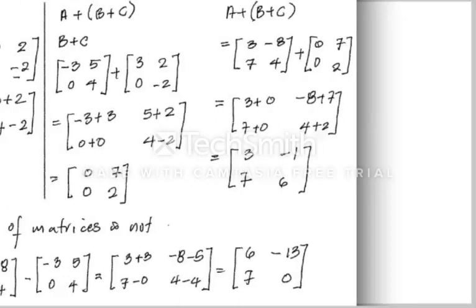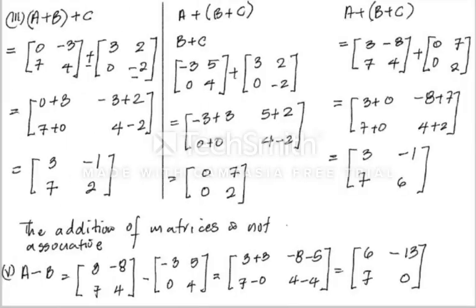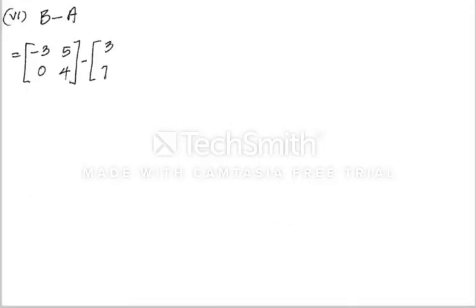So lastly, and this is vi, B minus A. B is minus 3, 5, 0, 4, minus A, which is 3, minus 8, 7, 4.